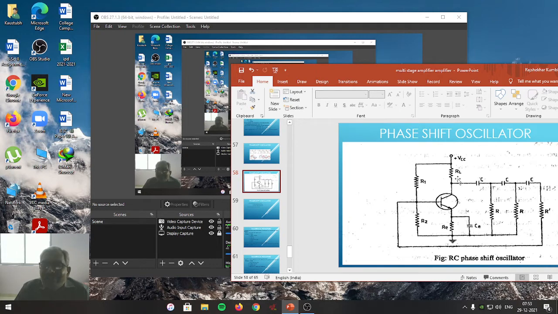These oscillations one can visualize on the oscilloscope. Thus, the phase shift oscillator works and sustains the oscillations by generating the frequency in an audio frequency range.